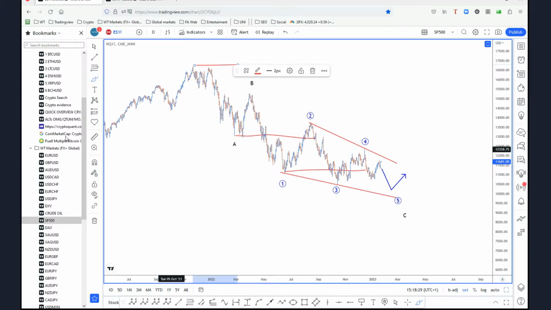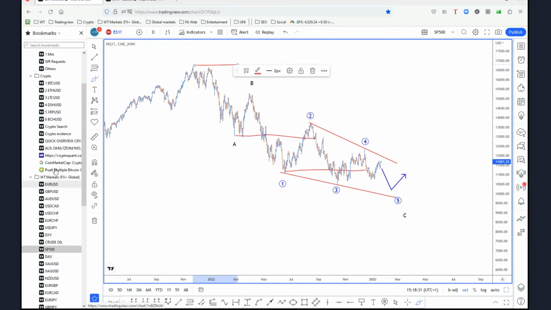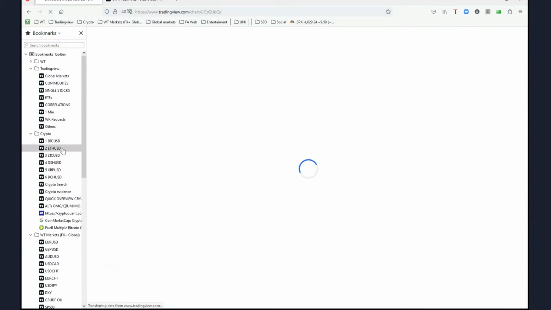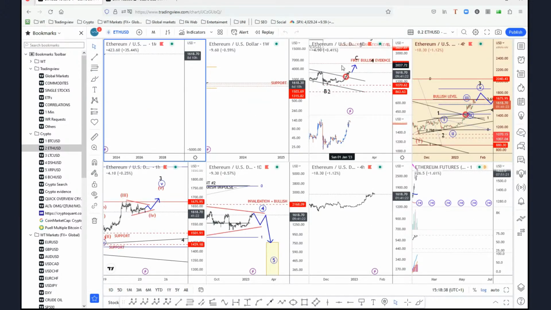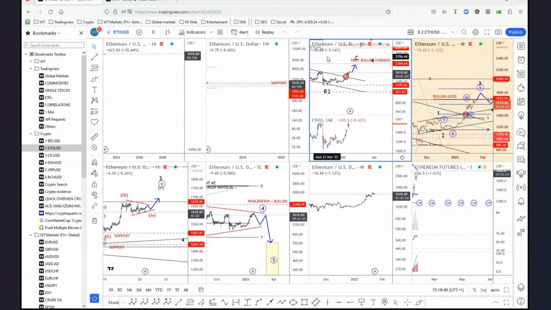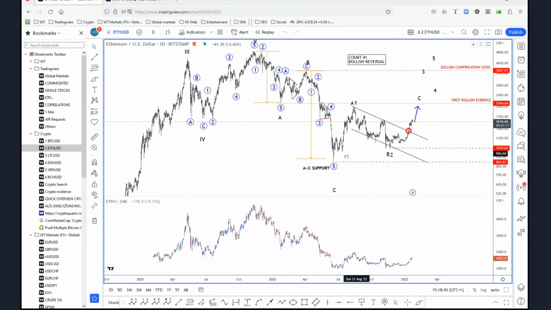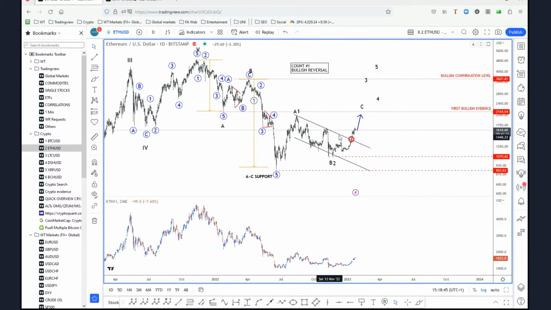Okay. Now let's take a look also very quickly at Ethereum. Ethereum is very interesting because somehow it has been acting better than Bitcoin. We have seen a very nice move here out of this downward channel, and it looks like we are trying to make this new 5-wave recovery.